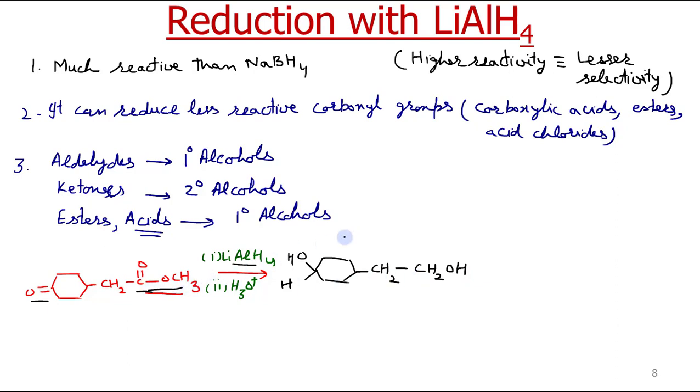You have to remember that the COOR group, on reduction with lithium aluminum hydride, produces CH2OH. It is reduced to CH2OH because this part undergoes substitution, because acid derivatives show nucleophilic substitution reaction.